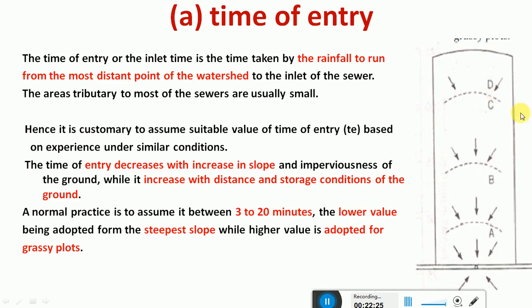Whenever rainfall occurs, the time of entry is taken as the time taken by the farthest point to reach the point of entry of the sewer. That is called TE or time of entry.